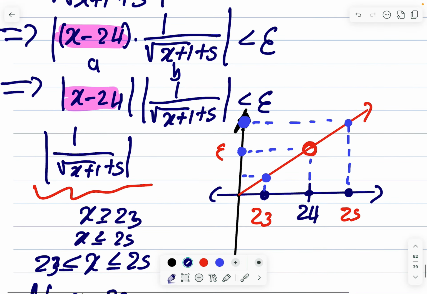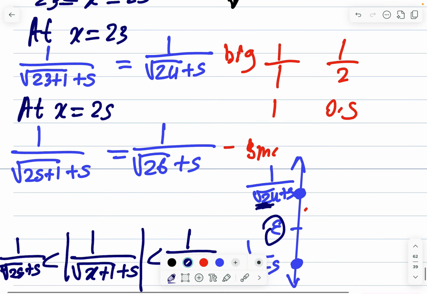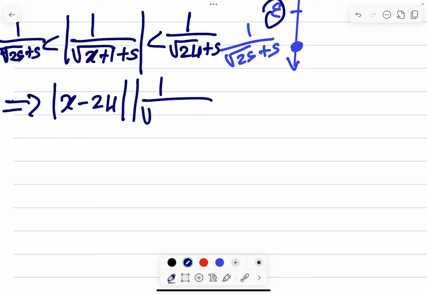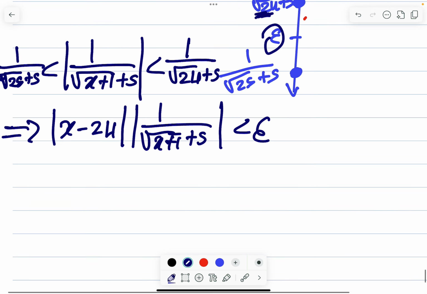So since the question implies that the absolute value of x minus 24, which is my goal, times the absolute value of 1 over square root of x plus 1 plus 5 is less than delta. So between these two numbers, which one can I take?